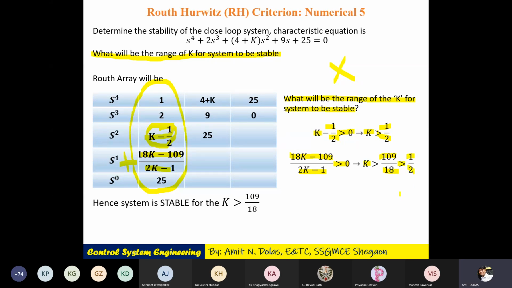So 1 by 2 से भी बड़ा है 109 by 18. So this will be, I'll say, the threshold value. Hence, the system is stable for all values of k greater than 109 by 18. अगर इससे नीचे अगर value रहा, system will be unstable. So range दिया है, so if it is more than 109 by 18, then system is stable.